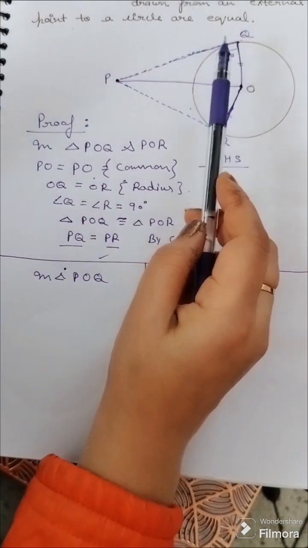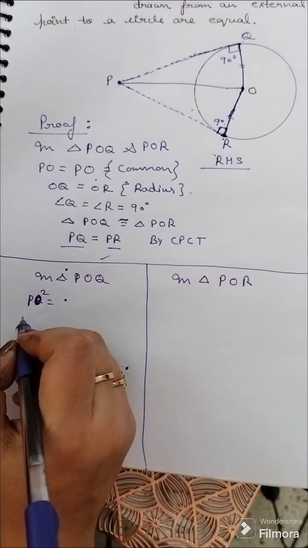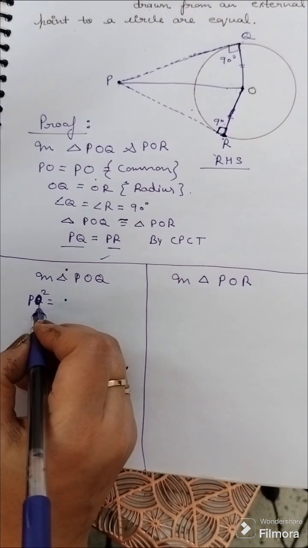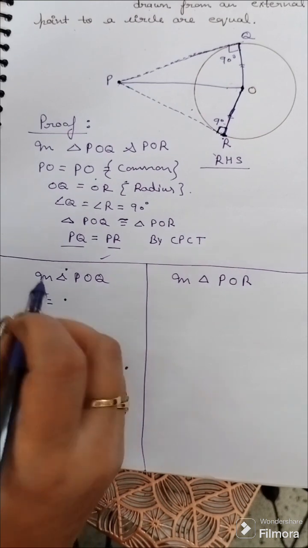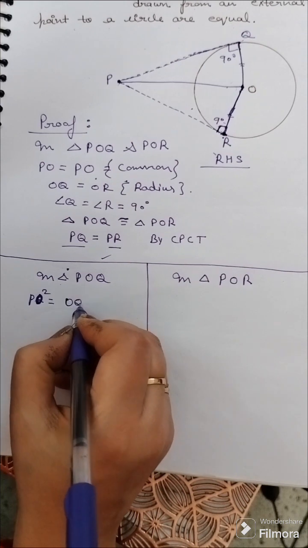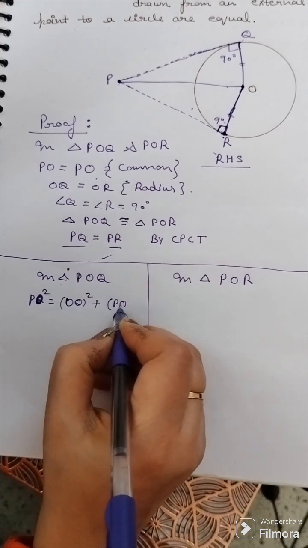In triangle this and this, because we know that this is 90 degrees. So by Pythagoras theorem, in triangle POQ, PO square is equal to OQ square plus PQ square.